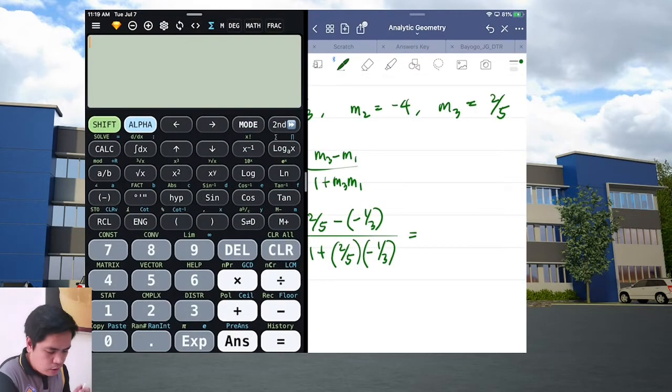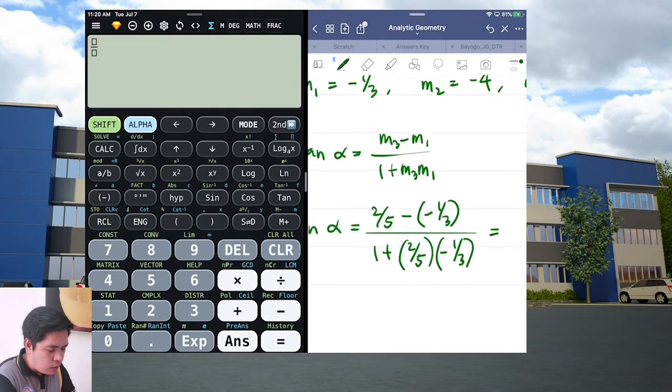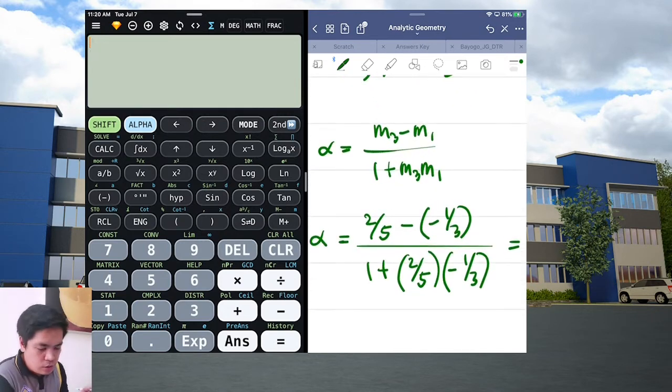Using the calculator app, let's make an equation here. I'll represent M3 as A and M1 as B, so we have A minus B over 1 plus A times B. I'll substitute the values: A is 2/5 and B is negative 1/3.